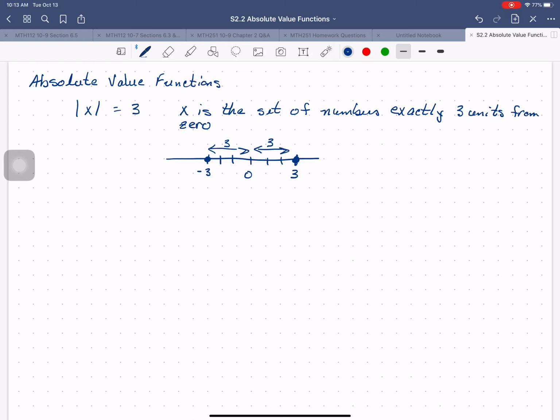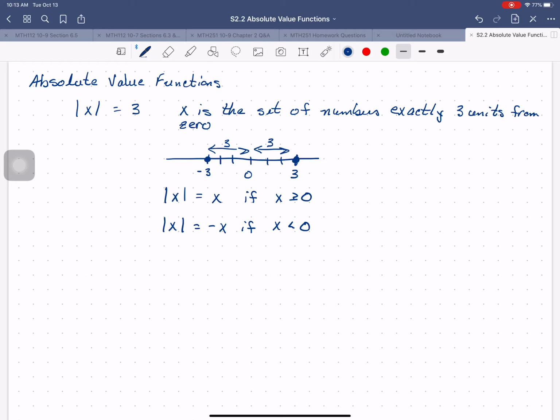So what we see is that the absolute value of a number is equal to that number if that number is greater than or equal to 0, and the absolute value of a number is equal to the opposite of that number if x is less than 0.